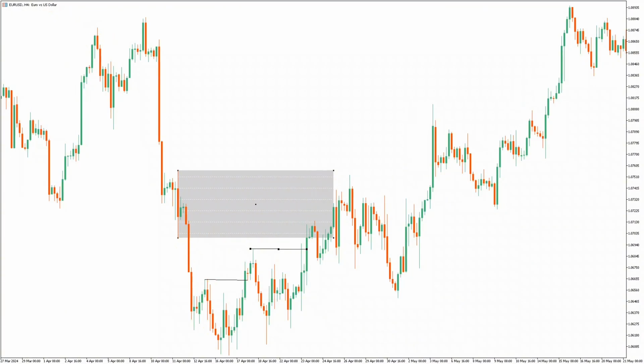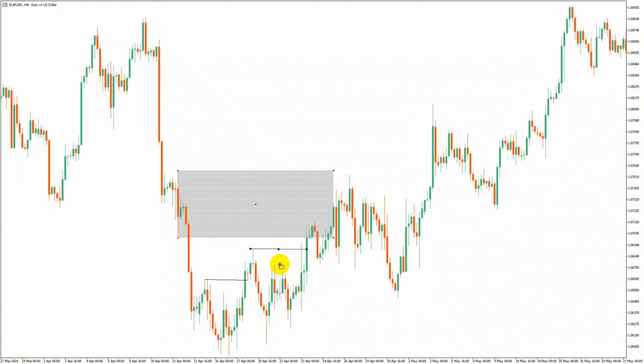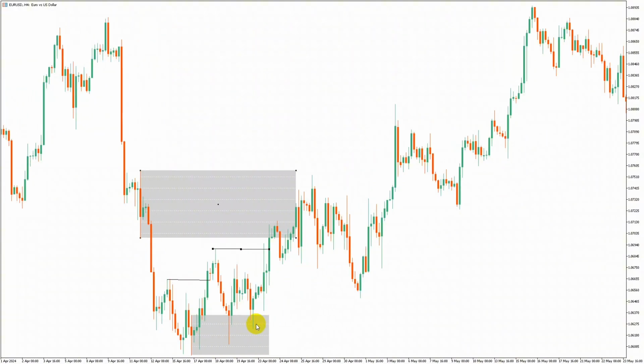The first thing we should look out for is where the possible demand zones are within that region that has been broken. We have the first one here. Here's the first demand zone. This is how you can simplify your trading to save yourself from stress. So this is our demand zone.